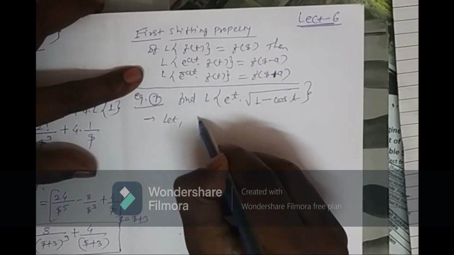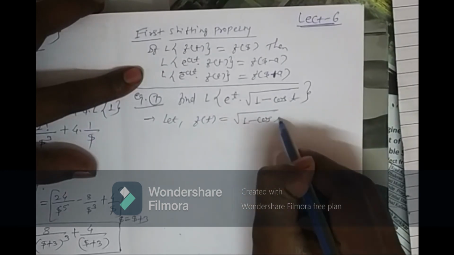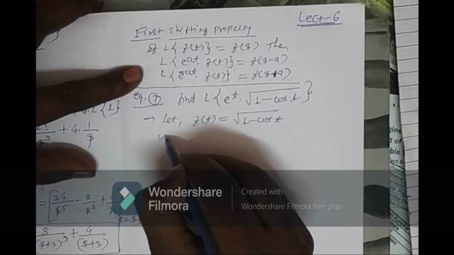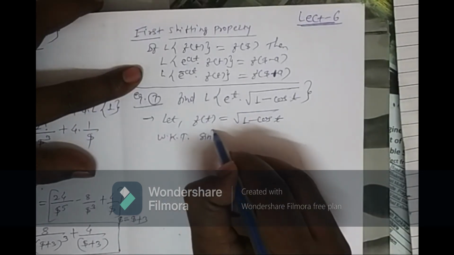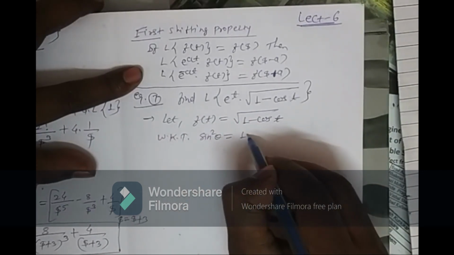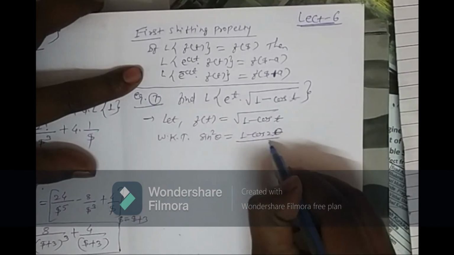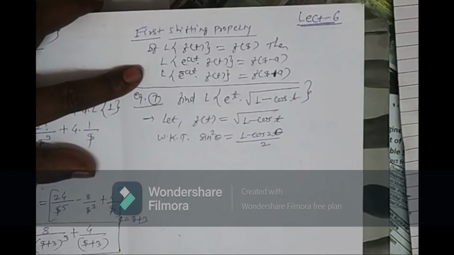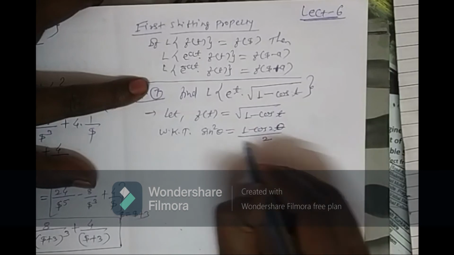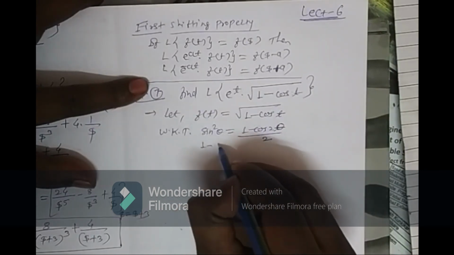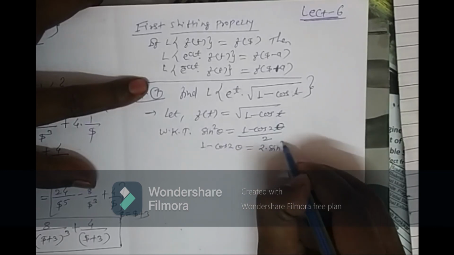Let f of t be equal to under root 1 minus cos of t. Now we know that sin square theta is equal to 1 minus cos of 2 theta divided by 2. Everybody knows this formula. If you simplify it, you can write 1 minus cos of 2 theta is equal to 2 sin square theta.